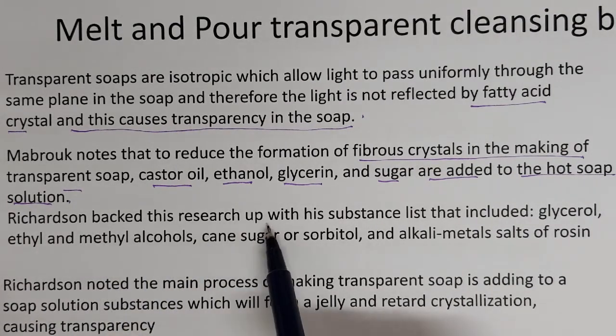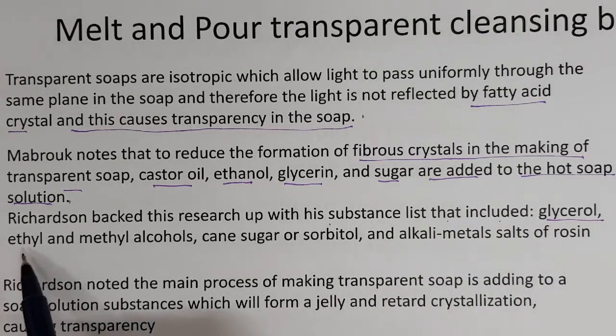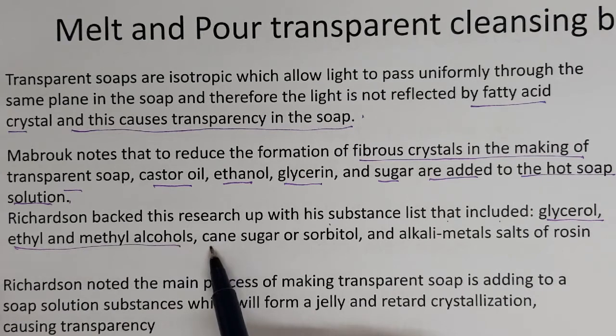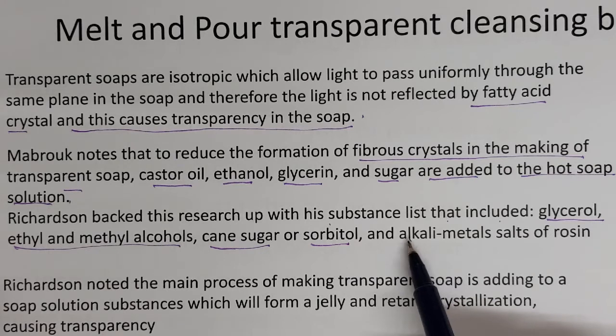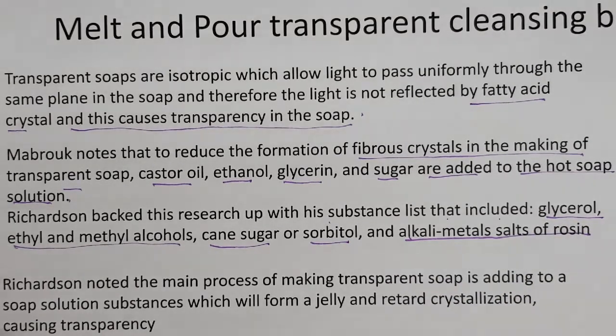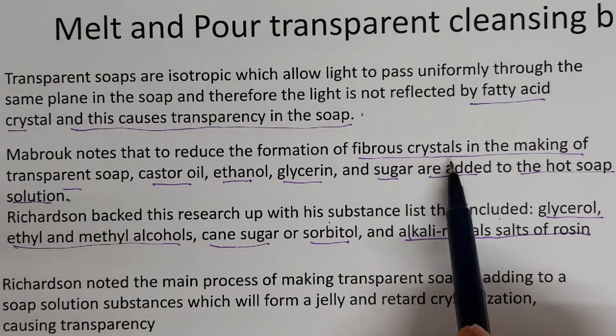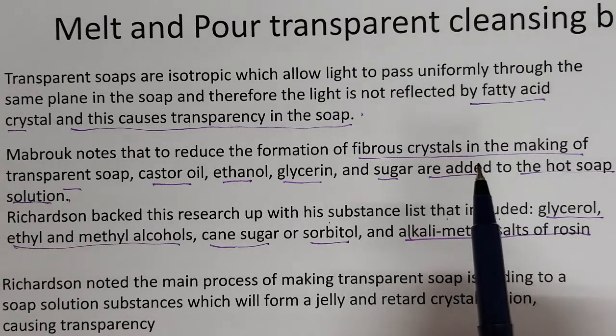Richardson backed this research up with his substance list that included glycerol, ethyl and methyl alcohols, sugar, cane sugar or sorbitol, and alkali metal salts of rosin, sodium rosinates. All these things are used to reduce the formation of the fibrous crystals and to make the soap more transparent.